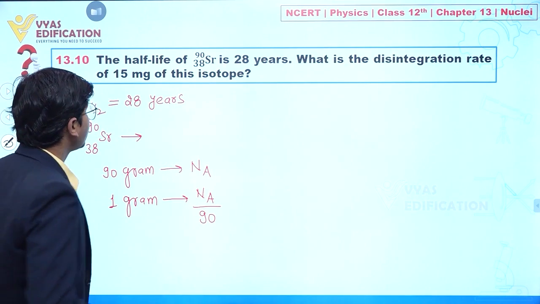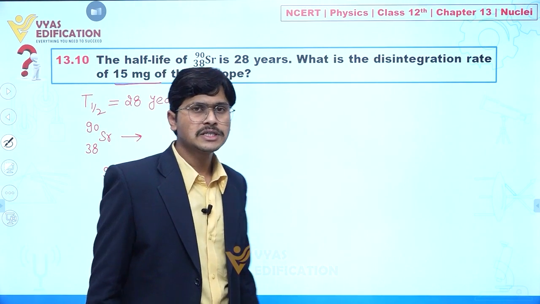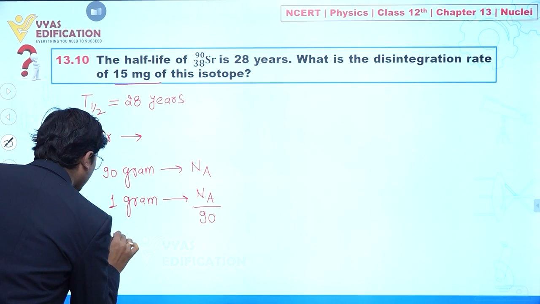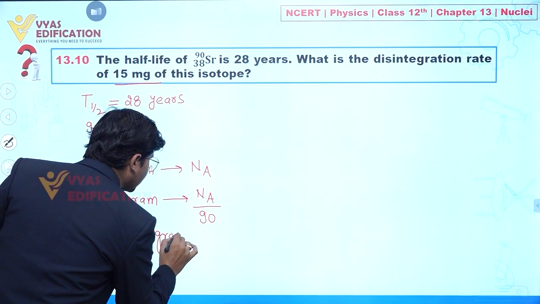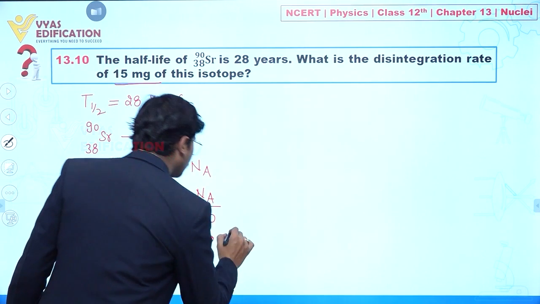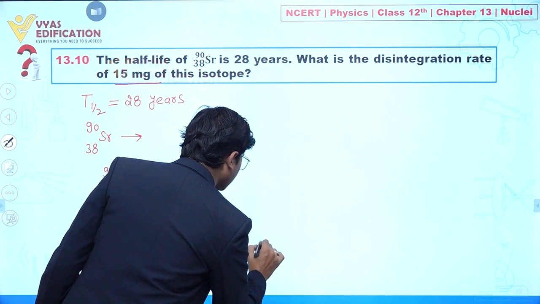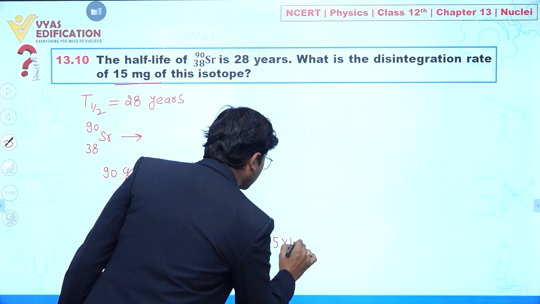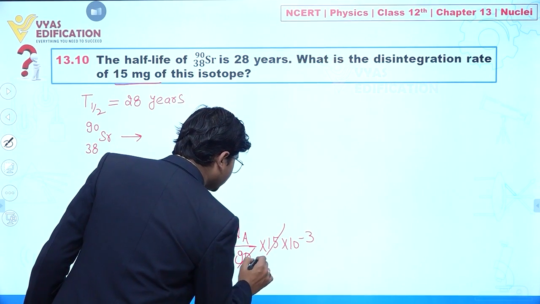Now it is already given in this question that we are using 15 milligram of this isotope. So 15 milligram means 15 into 10 to the power minus 3 gram. Can we find the total number of atoms present? Yes. So the total number of atoms present is Na divided by 90 and multiplied with 15 into 10 to the power minus 3. From that you can see this is 6.